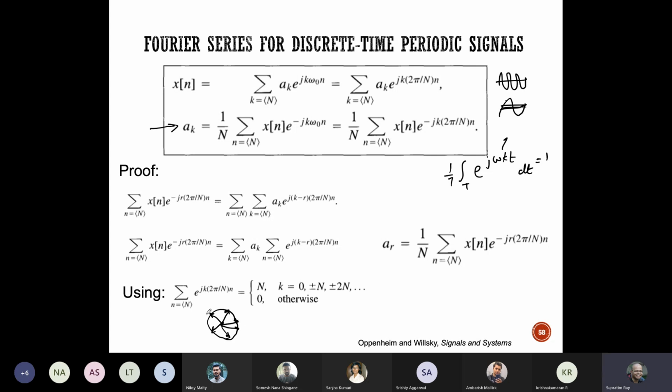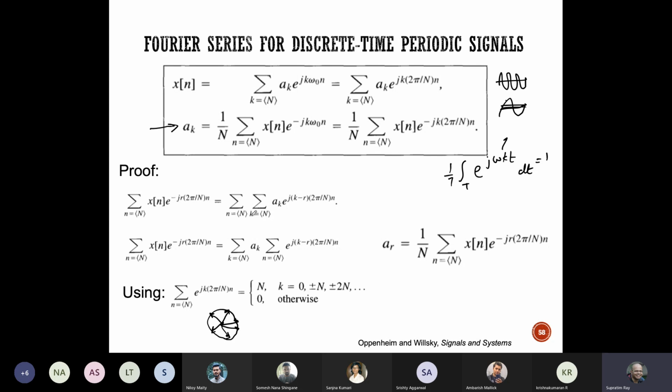So these are the different vectors that I'm talking about, and this sum is always 0 unless you've got k as 0 or some other multiple of N, in which case they're all trivially 1, so that summation is N. Okay, and that's what I'm doing here.